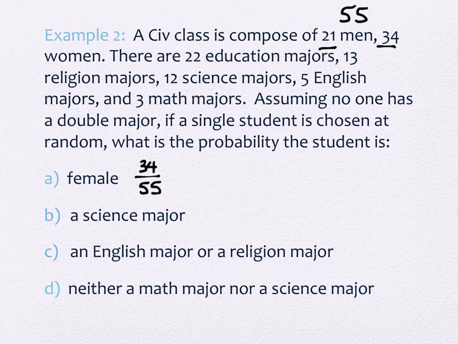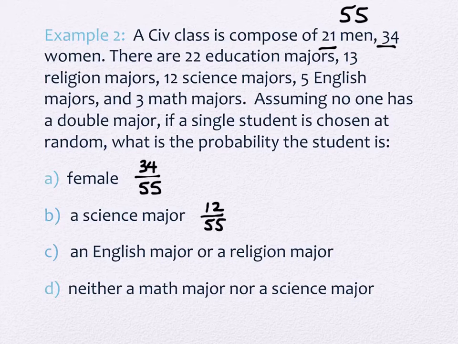So, how about science majors? 12 out of 55. So again, can that be reduced? No, it can't be, because 55 only divides by 5 and 11, and 12 doesn't divide by either of those. All right, an English major or a religion major?